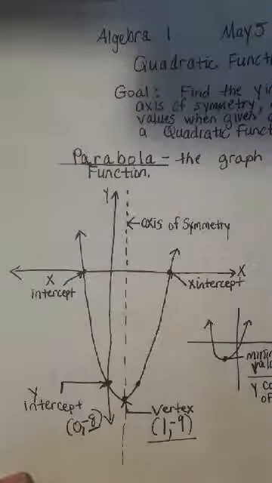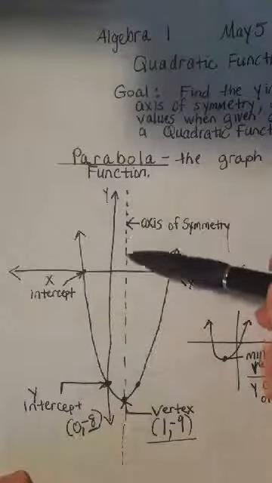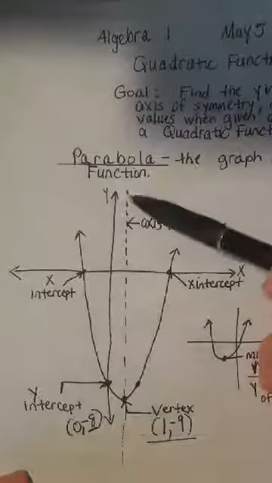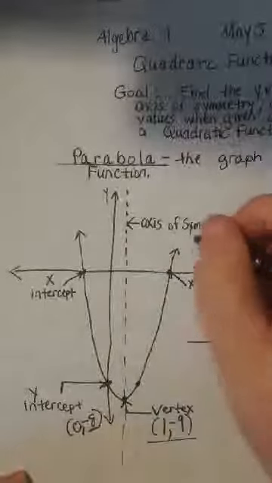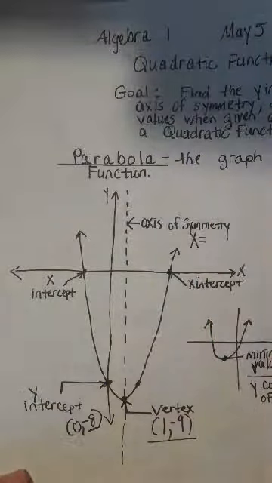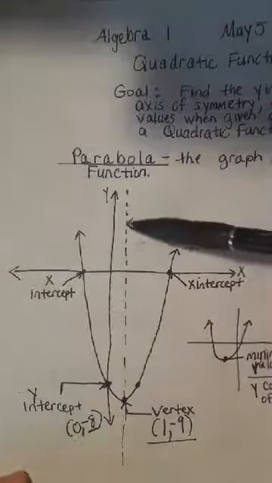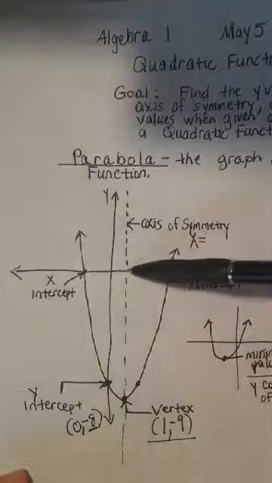The other thing you're going to need to know is your axis of symmetry, and I've got it labeled here. It's this dotted vertical line. Remember, vertical lines are always given with an equation, x equals, and then the number where that line crosses the x-axis. So in this case, this vertical line goes through the point 1, 0 right here.